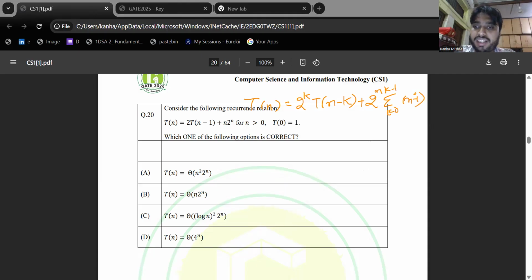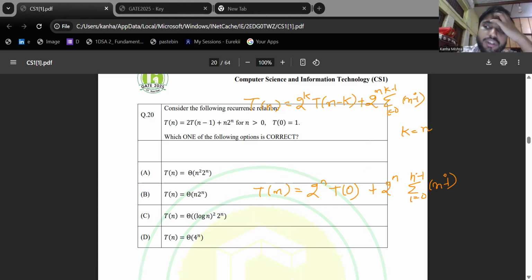If I replace k with n, then T(n) is equal to 2^n T(0) plus 2^n times the summation i equals 0 to n-1 of (n-i). T(0) in the question was given to be 1, so it comes out to be 2^n plus 2^n times the summation i equals 0 to n-1 of (n-i).